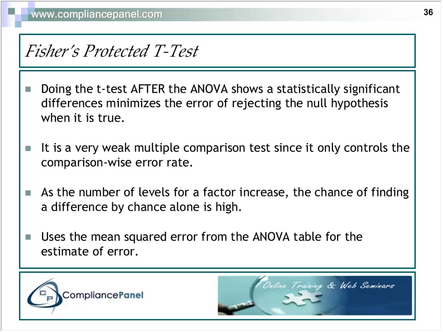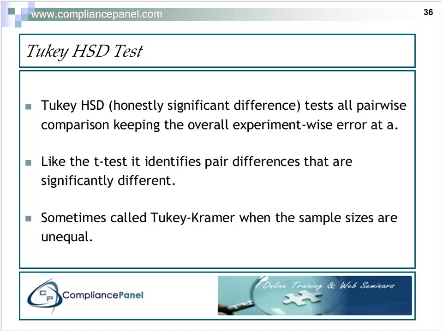The Fisher's protected t-test, or the t-test, says that after the ANOVA shows a significant difference, then and only then could you do the t-test. It's the weakest of the multiple comparison tests, and it is usually not done as a way of doing multiple comparisons. A more likely one is something called Tukey's honestly significant difference.